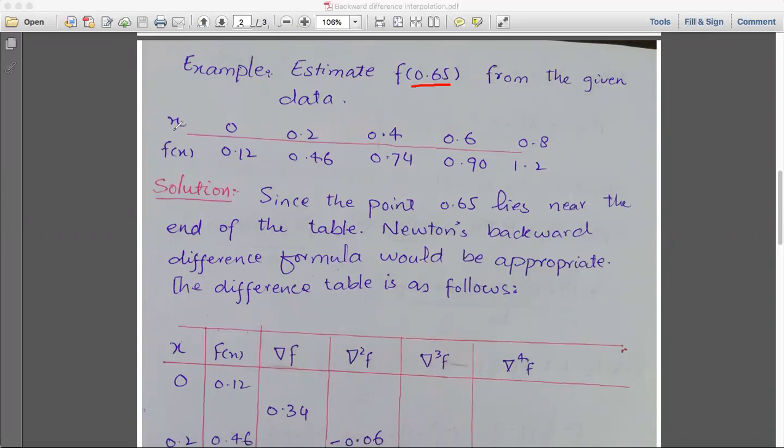And you can see here, this is the value of x, this is the value of f of x. And this data is equally spaced. As you can see, 0.2 minus 0 gives 0.2, 0.4 minus 0.2 also gives 0.2. So here h is equal to 0.2.